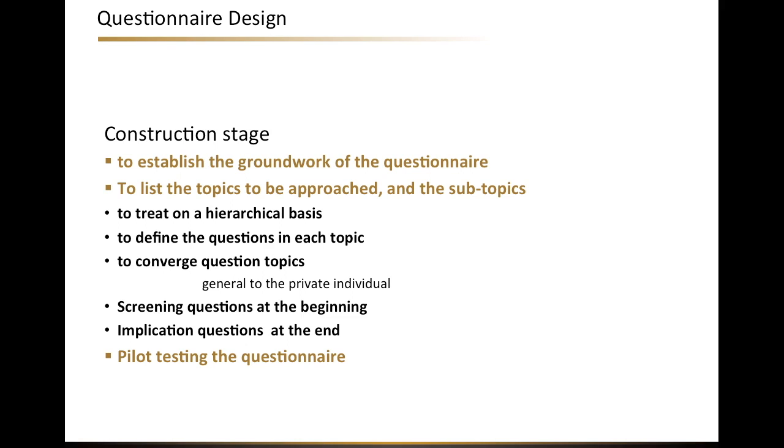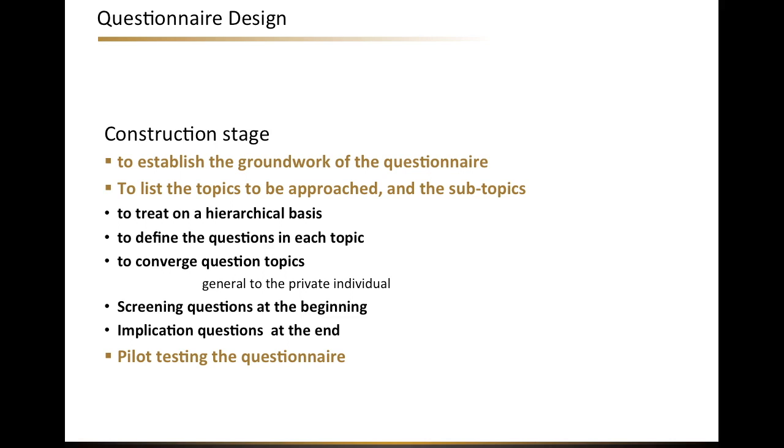You want to start with the more general overarching umbrella themes and then break it down into specific points as you go further and deeper into your survey. You want to essentially try and converge your questions to go from the general, how things happen in general, down to the private individual, i.e., how is this relevant for you?